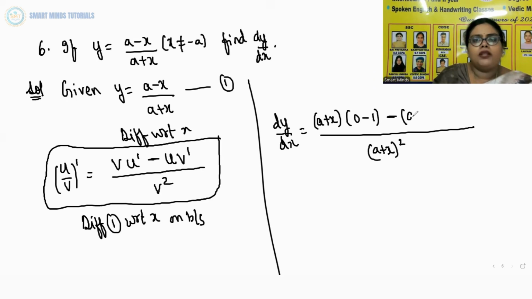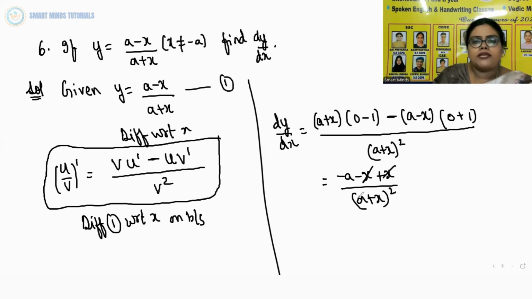Minus, now numerator we write as it is and denominator we differentiate. So derivative of a plus x is, a derivative is 0, x derivative is 1. So that is a plus x into minus 1 is minus a minus x. Now minus into minus will become plus x into 1 is plus x by a plus x whole square.